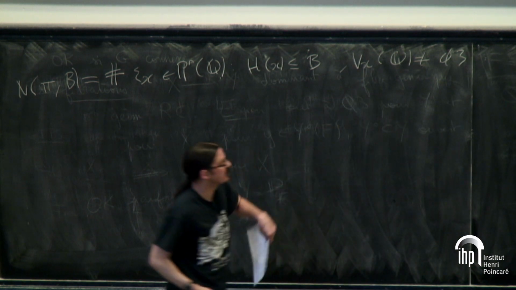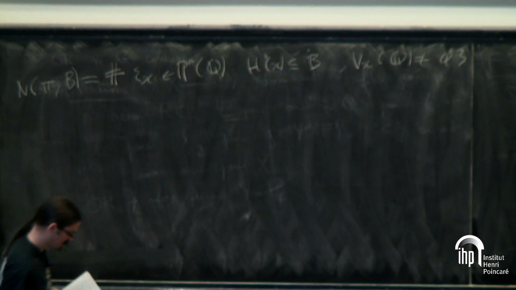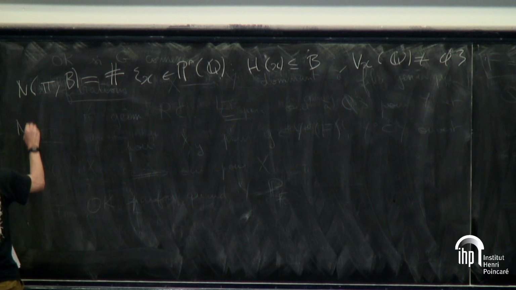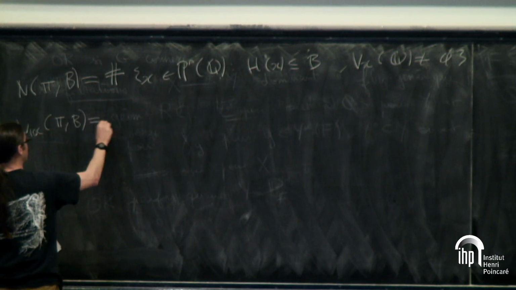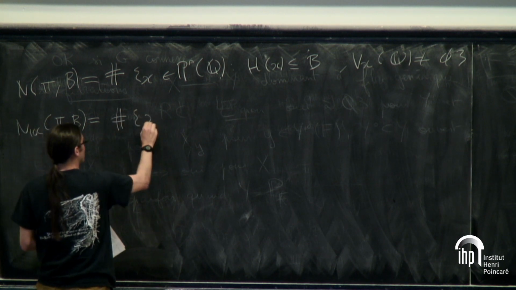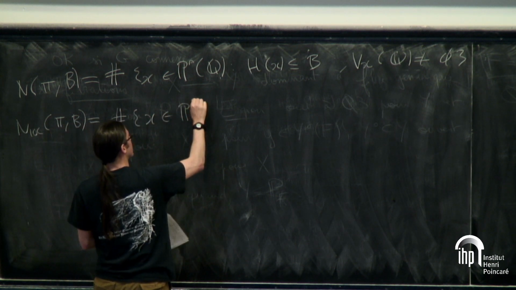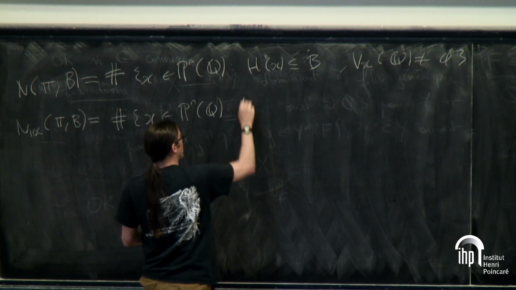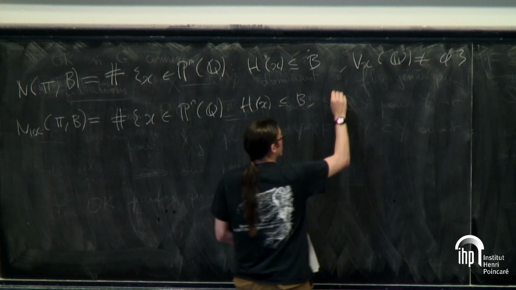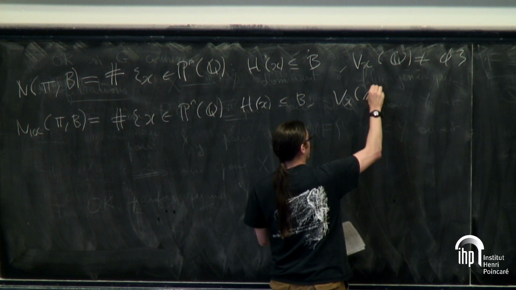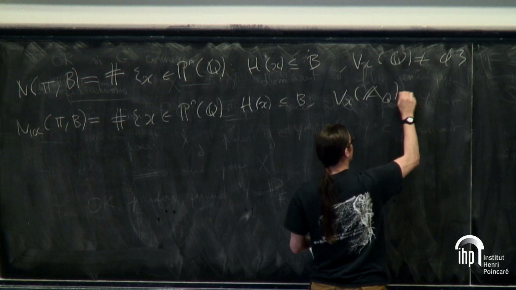Vx is the fiber over the point x. And I'll also be interested in the closely related counting function, which counts those of bounded height for which the variety is everywhere locally soluble, so it has an adelic point.